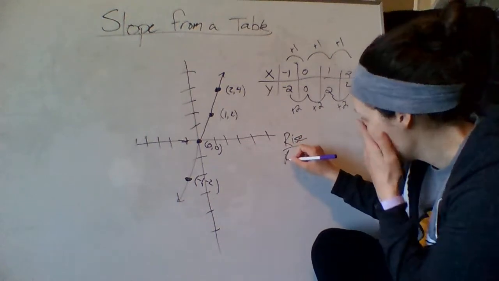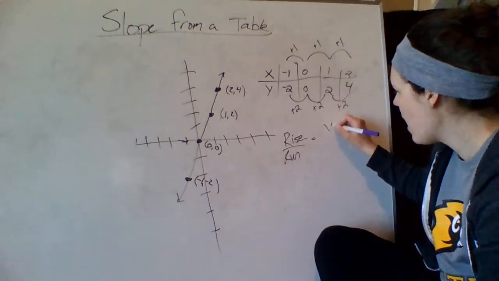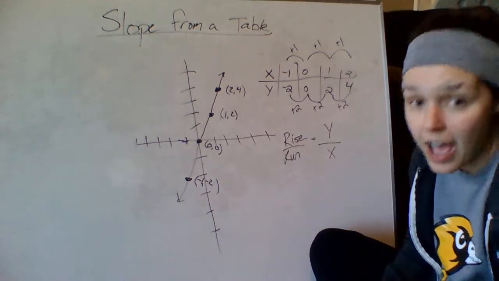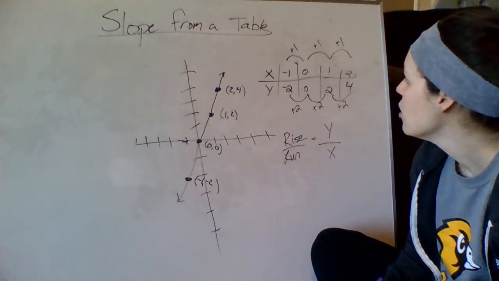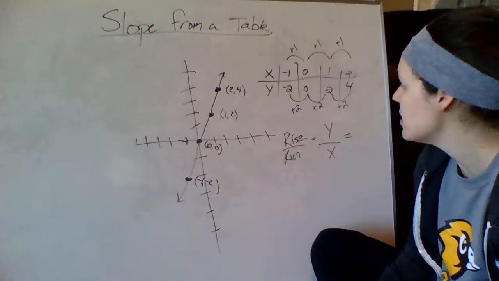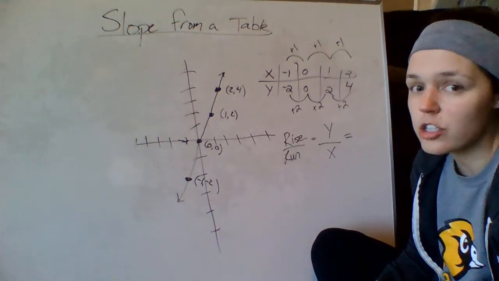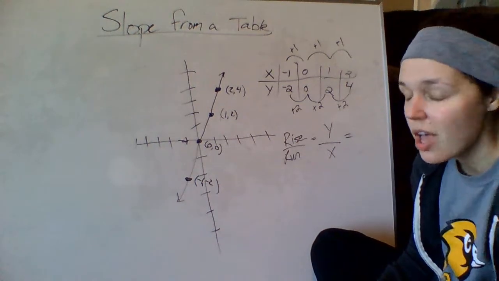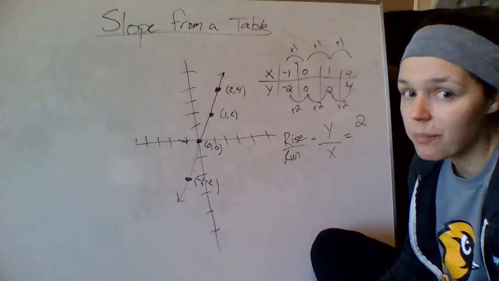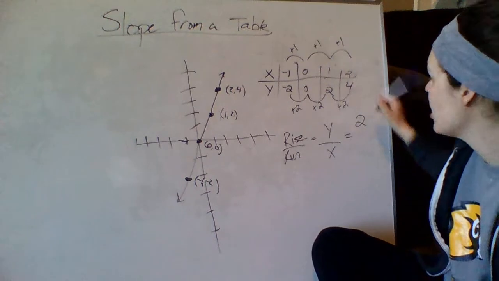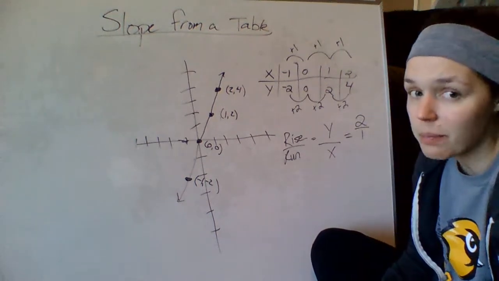It is change in y over change in x. Now here is the important part: you need to look at how much your y's changed by first. My y's changed by 2. That goes on top. My x's changed by 1. That goes on the bottom.